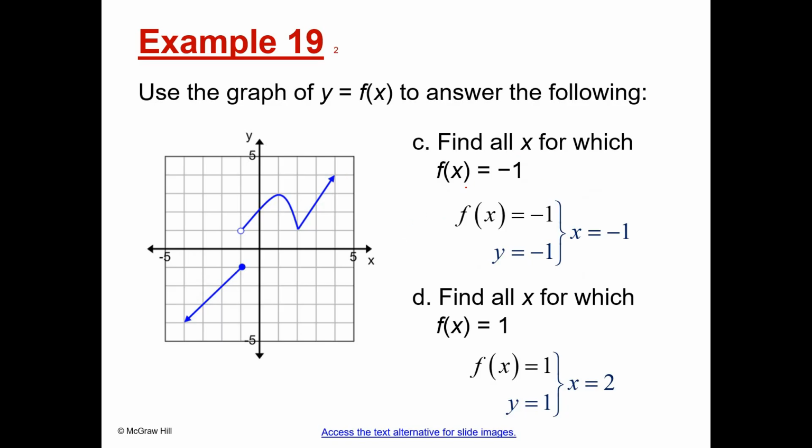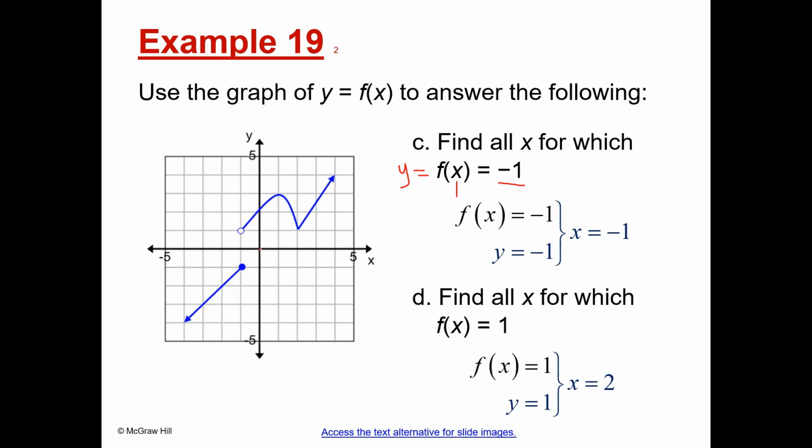Another example, let's take f of x equal to minus 1. Now, you have the value of y, because f is y, okay? f is equal to minus 1. We need to find the value of x.